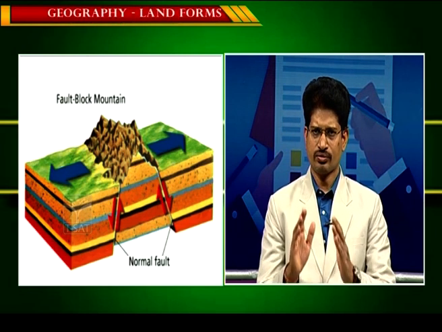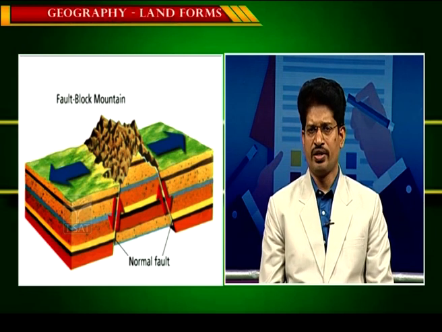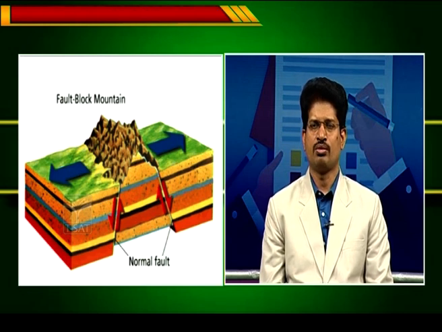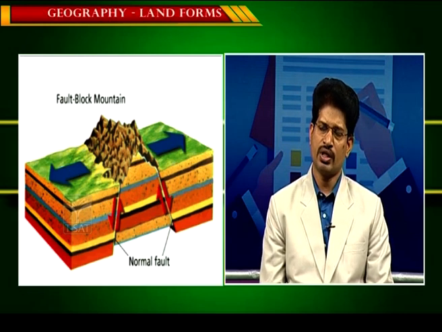There is a difference between a folded mountain and a block mountain. In a folded mountain, the crust at the boundaries of the plates is folded, but in a block mountain, the crust uplifted between parallel faults is known as a block mountain.